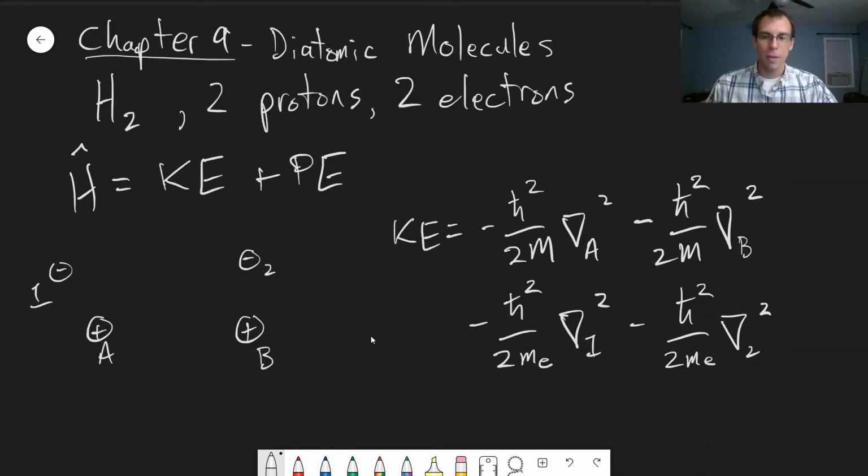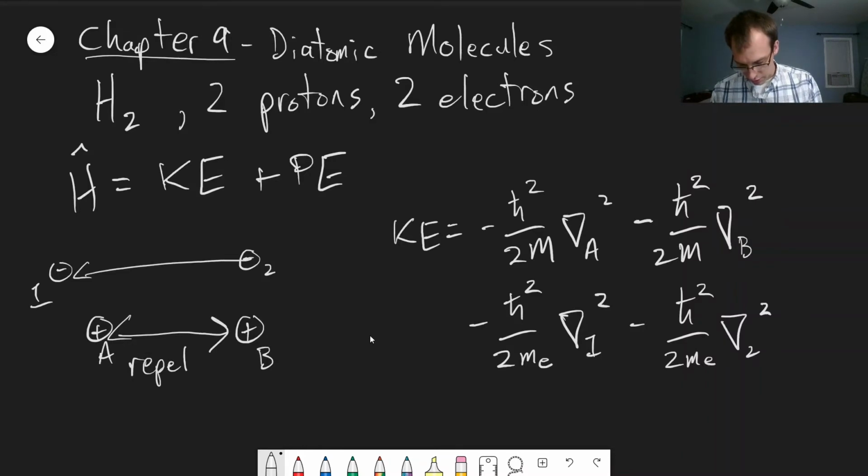All right, if we're thinking about potential energy, now we have a lot of interactions to think about. So first we'll have our repulsive interactions. So nucleus A and nucleus B will repel each other. And our two electrons will have a repulsive interaction. But then we also have a bunch of attractive interactions as well. So we have the attraction between electron 1 and nucleus A, electron 2 and nucleus A, and same for nucleus B and electron 1, nucleus B and electron 2.